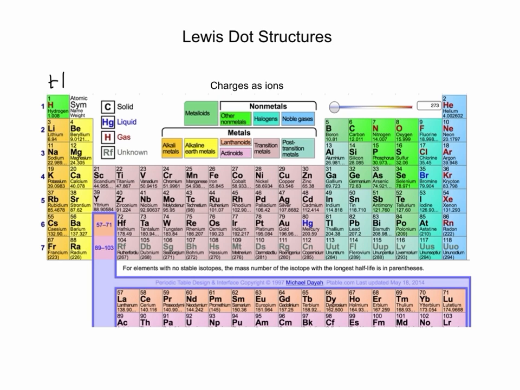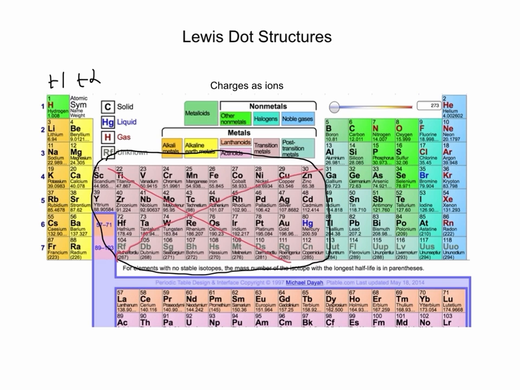They tend to lose 2, so these all get a plus 2 charge. Now the ones in the middle, just like how we didn't know the number of valence electrons, we don't know the charges they're going to get. These are known as the transition metals. They can actually get several different charges as ions, so we're not going to worry about them quite yet.